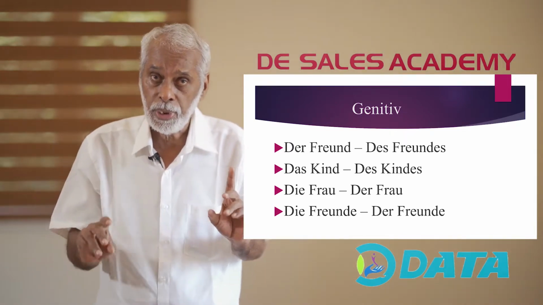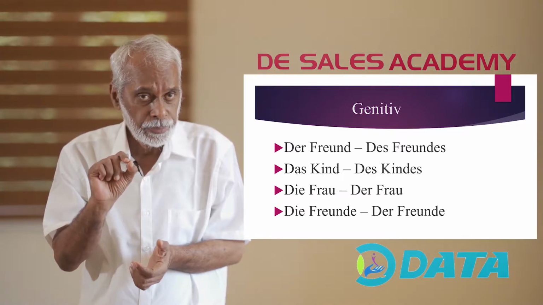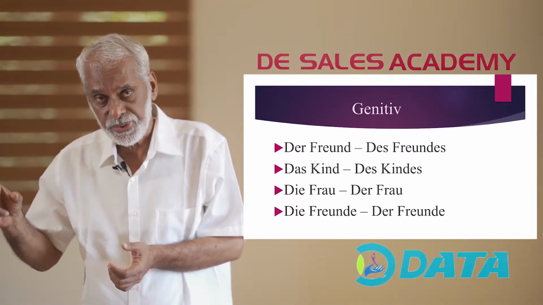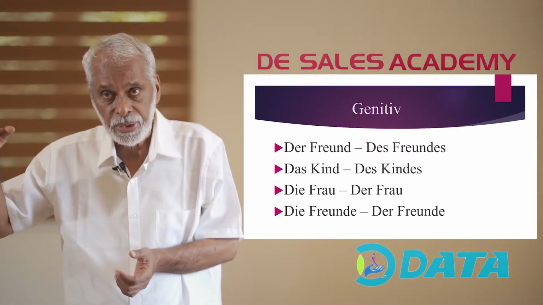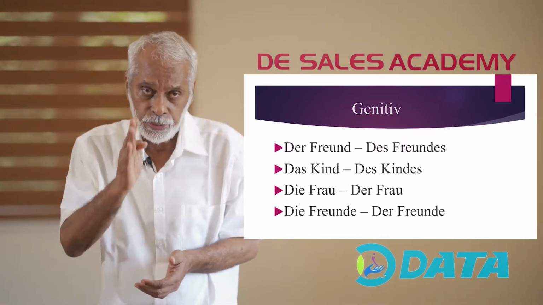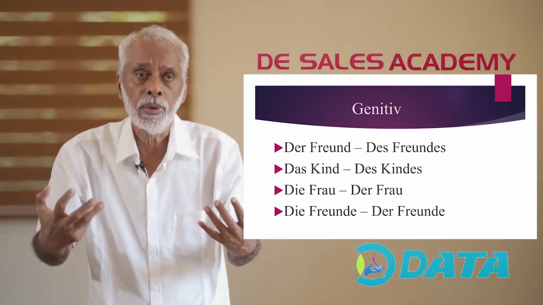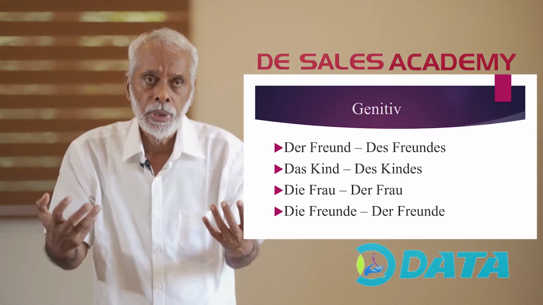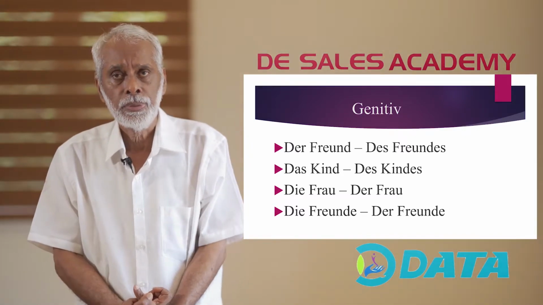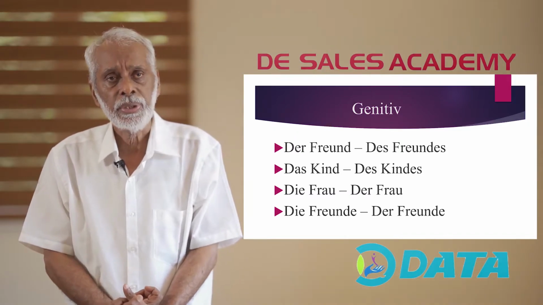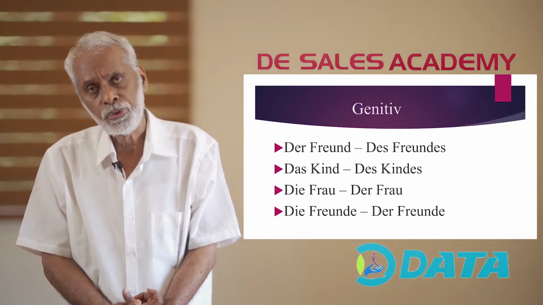What you have to keep in mind is that the masculine der becomes des, and after the noun it is an es. So des plus es is the formula for a normal masculine noun. It is the same with a normal neuter noun.